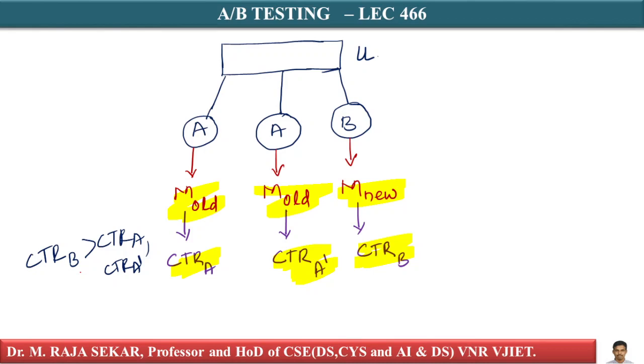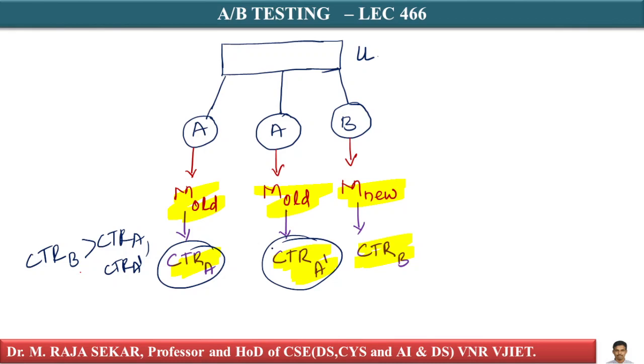See the difference between CTR of A and CTR of A dash. It will tell you how differently the same model performs by just having slightly different data sets. So it tells you the variance in estimation of CTR of A, because you are simply taking the same model.